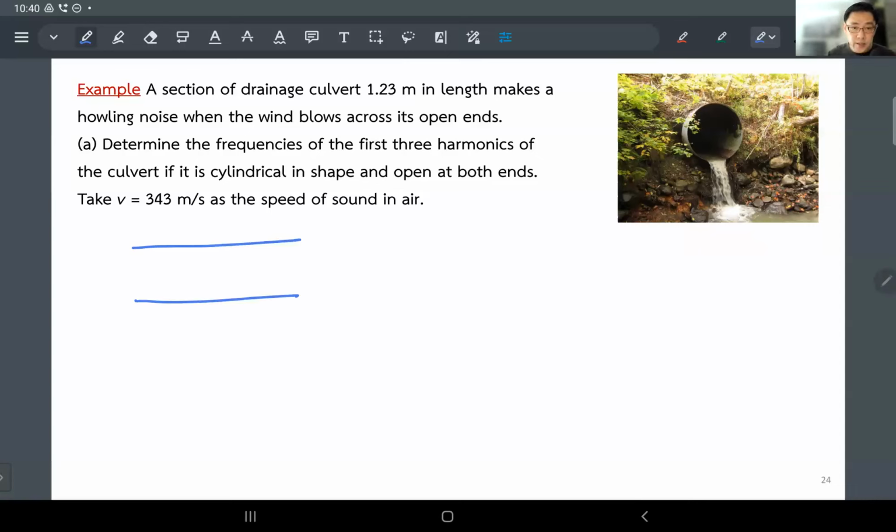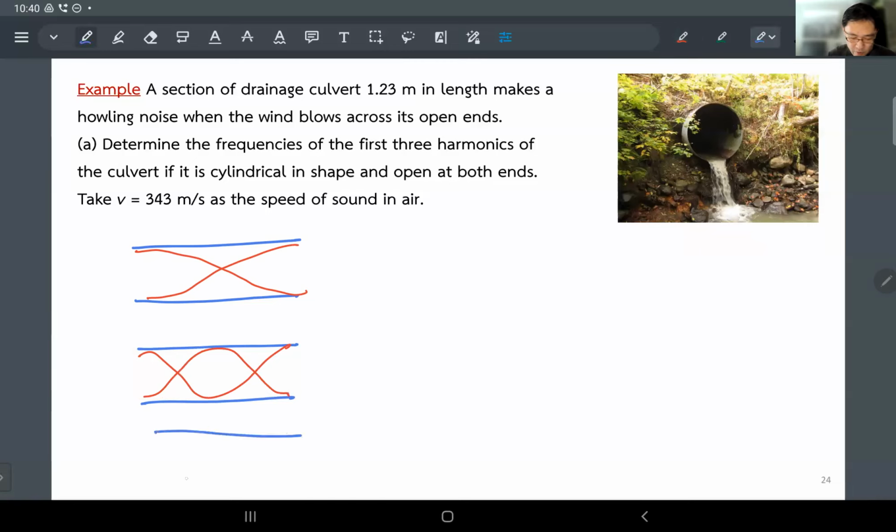So you understand that to be able to fit the standing wave in there, you just have to do this. That's the first case, and then they want the first three harmonics, right? If you go back to the previous page, it already listed all possible formulas for you, so you should be able to just copy those formulas and plug in the numbers. Oh, you got numbers for me. Thank you.